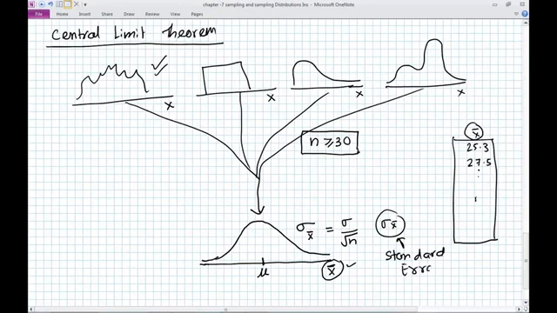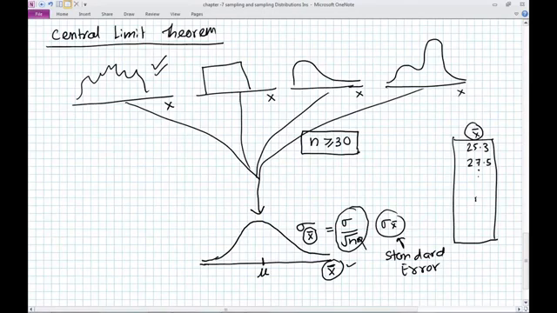So in this case, sigma of x bar is called standard error. To differentiate this from the regular standard deviation, sigma of x is called standard deviation, but sigma of x bar is called standard error. So that's the key difference, because the x-axis is now the x bar axis. If you look at this formula for the standard error, n, the sample size, is in the denominator.